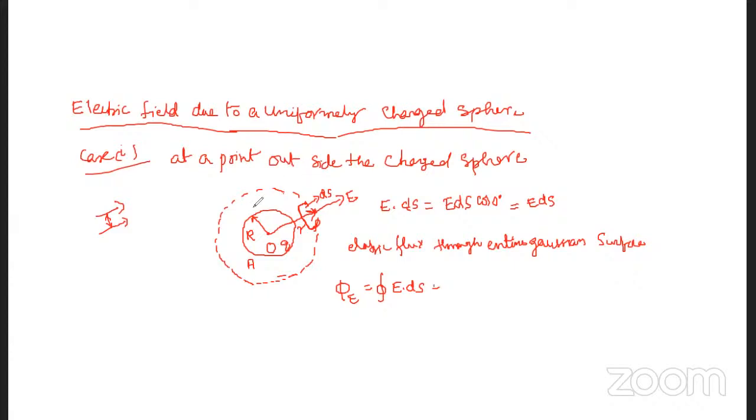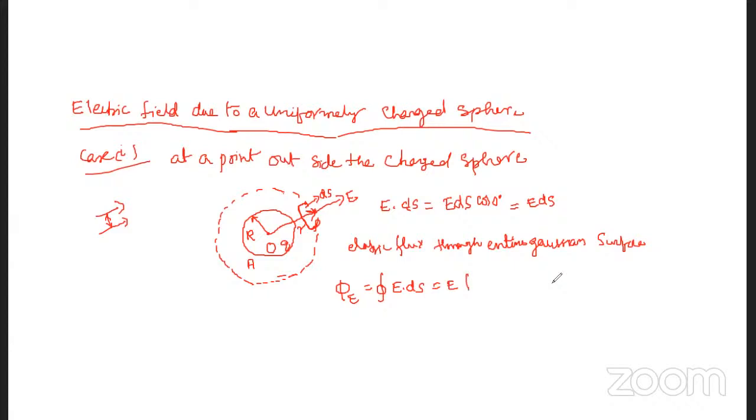This is the Gaussian surface we have drawn, at a distance r from the center O of the sphere. So the surface integral of ds is 4 pi r square, the area of the Gaussian surface, and therefore it will be E into 4 pi r square.